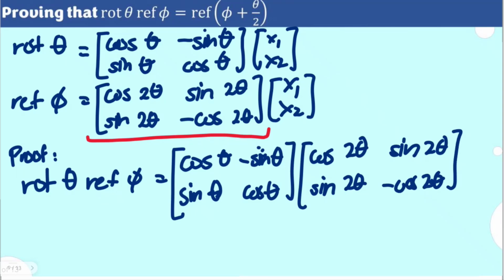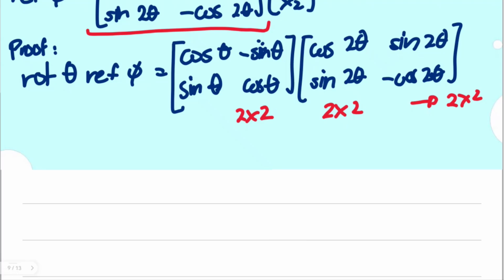Take note we are multiplying matrices: 2 by 2 times 2 by 2, we will get 2 by 2 as well. So the product of that would entail the use of proper matrix multiplication.